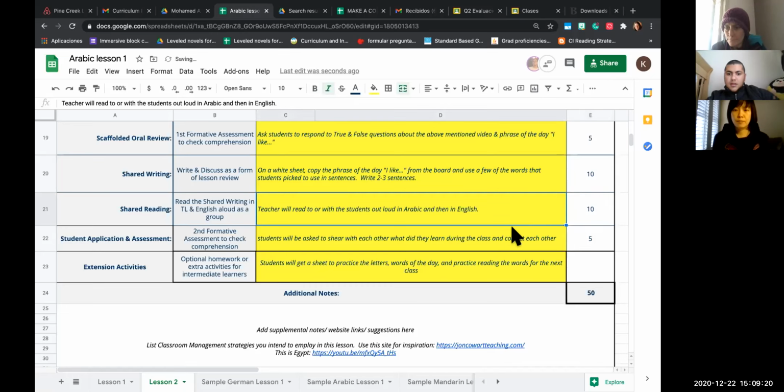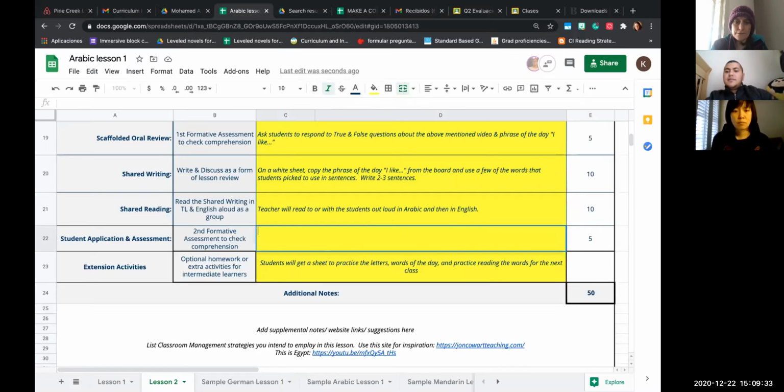Okay. Awesome. Second formative, we can say students will be asked to rewrite the sentence without looking at it, based on their memorization, or test their memorization. Like they will rewrite the sentence without looking at it. Oh wow, that's impressive. Do they do that when they're with you?